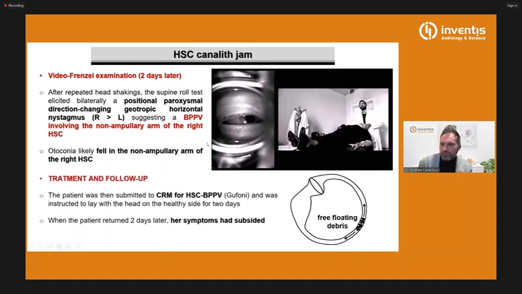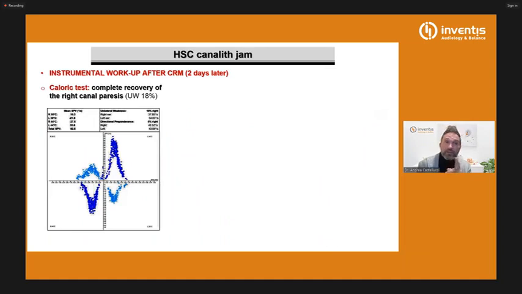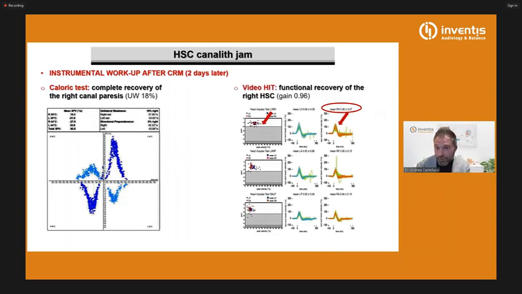Of course, we treated the patient with the Appiani maneuver or whichever canal repositioning maneuver for the horizontal canal, and she was fine. So this was a typical case of a canal gem of the right horizontal canal mimicking a right acute unilateral vestibular loss. But the most interesting thing is that we repeated all the instrumental tests, and both low frequency and high frequency recovered.